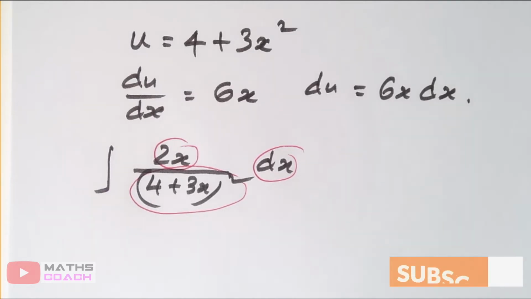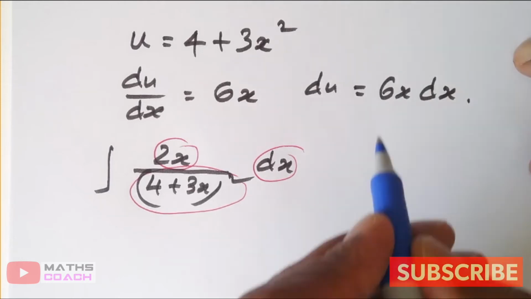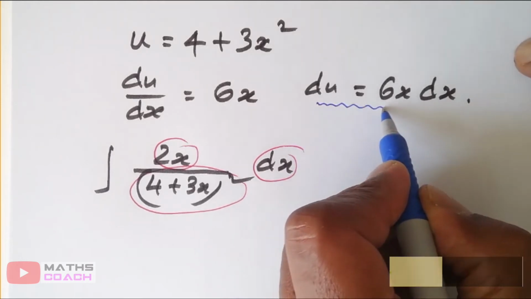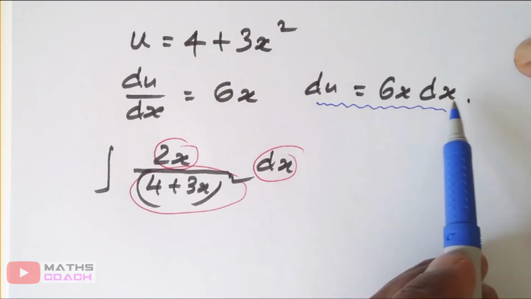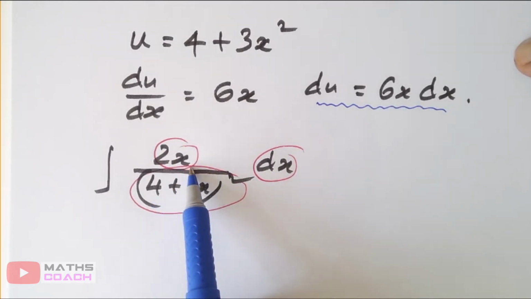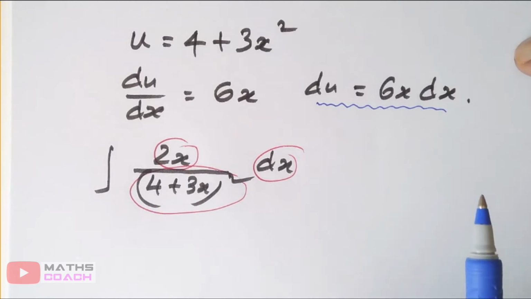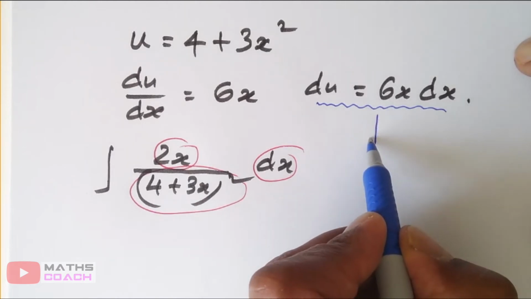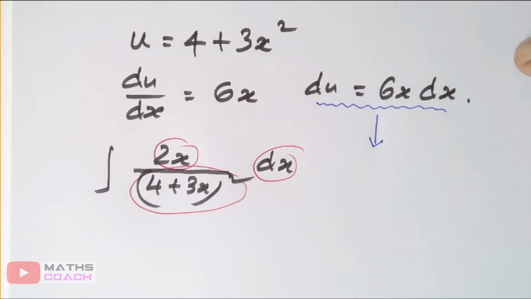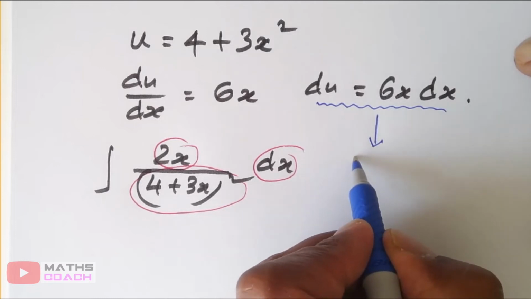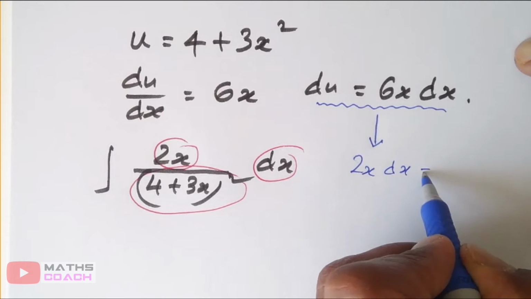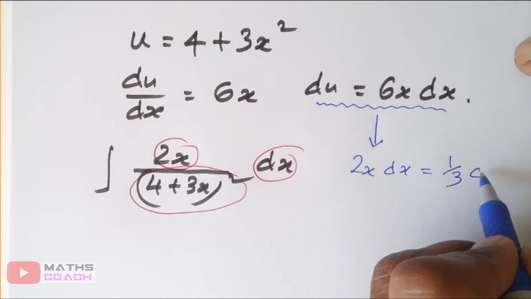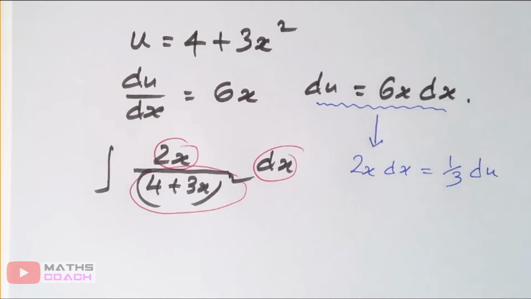Okay, but from earlier, if we look at this line here, surely there's a connection between 6x dx and 2x dx. And if we divide by 3, which is the obvious case, we can have 2x dx is actually equal to 1/3 du.